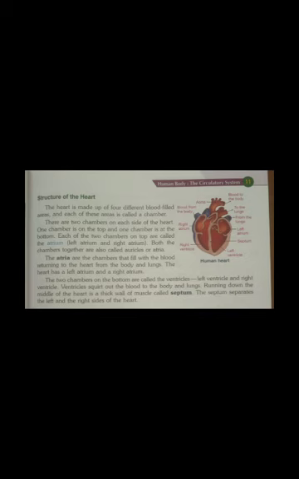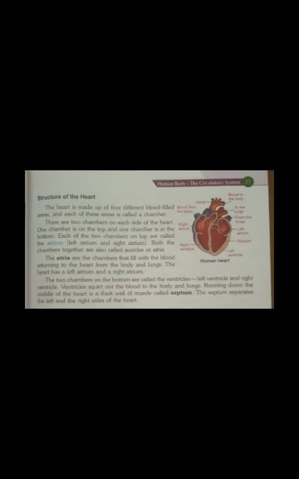And we also have another instrument, a sphygmomanometer, that is used to measure the blood pressure. So right now we are not concerned about that, but we are concerned about the structure of the heart, right? So our next topic for today is the structure of the heart.